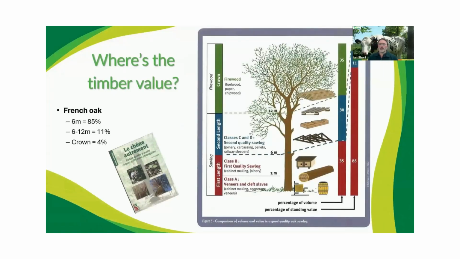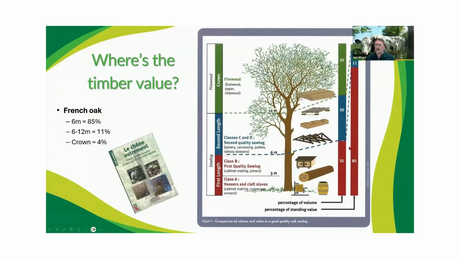And we want to protect those trees because those trees can become very valuable. Here's an illustration coming from a French book, which was later translated into English. And this book is looking at growing French oak. If you look on the illustration on this bar on the left-hand side, this is looking at the percentage of the volume coming from that tree from the different heights.